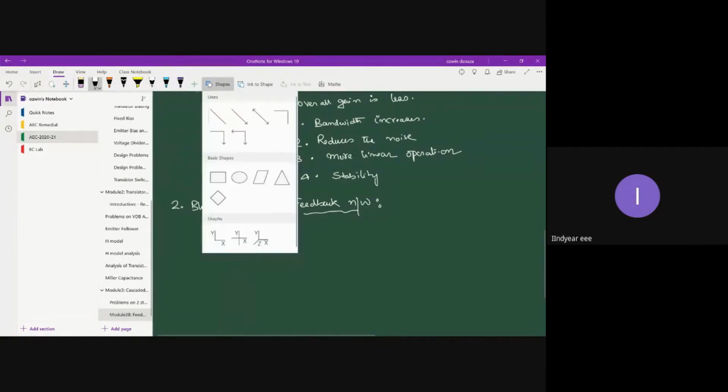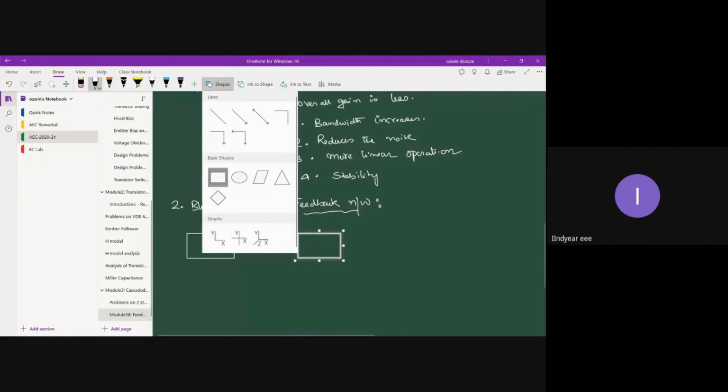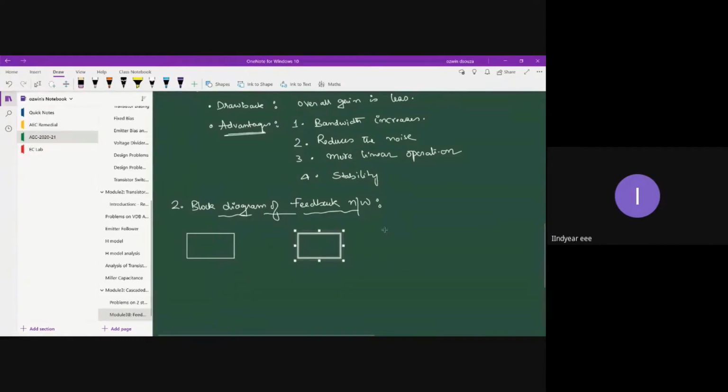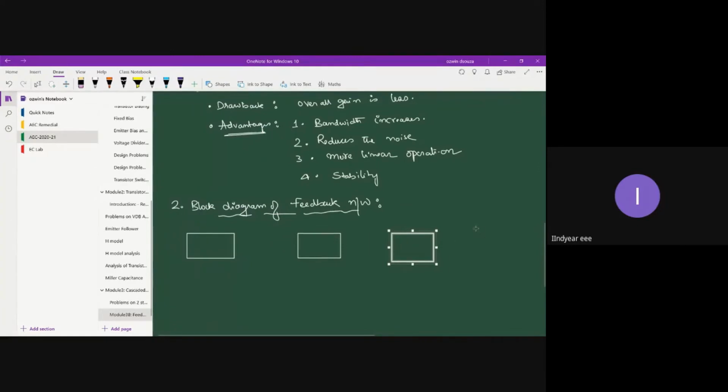So the first block in the feedback network is the signal source, followed by a comparator or mixer, then followed by the basic amplifier, then followed by a sampling network.